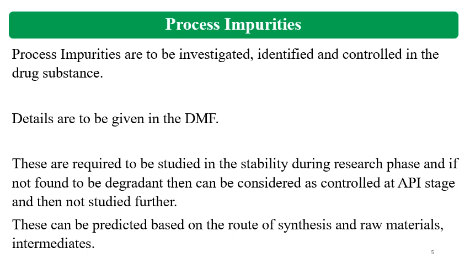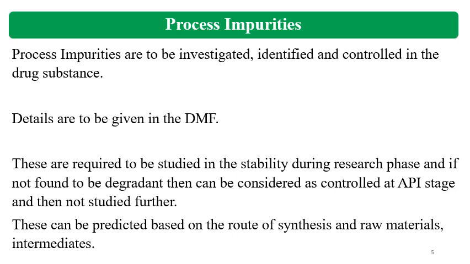Process impurities are required to be investigated, identified and controlled in the drug substance. And this impurity list, along with their nomenclature, structure, and the route or origin of that process impurity is required to be given in the DMF. If it is a process plus degradant, then that is required to be included.